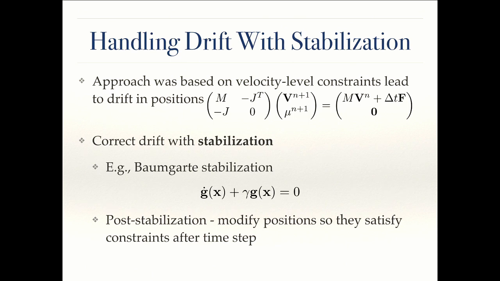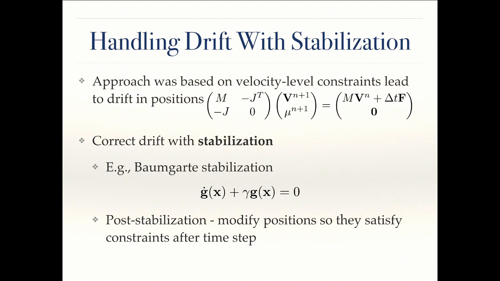So there are different ways to do stabilization. A couple of the main ways that are used are, instead of just enforcing the velocity level constraint, we add back the position level constraint with some parameter here, gamma, which is kind of like that K in the penalty method. So this is sort of a mix of those.